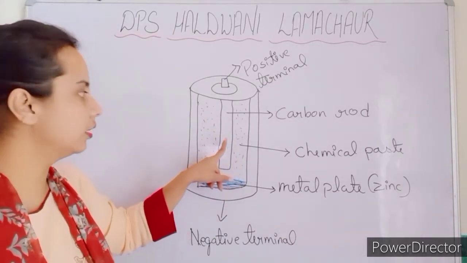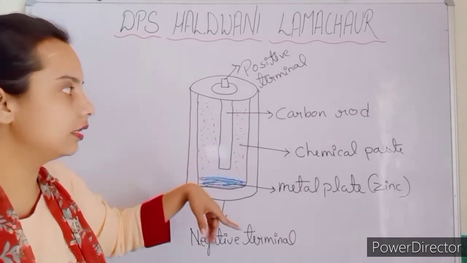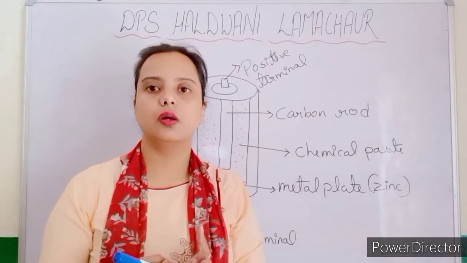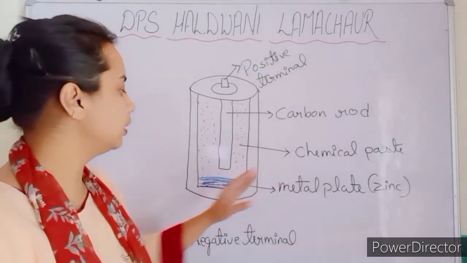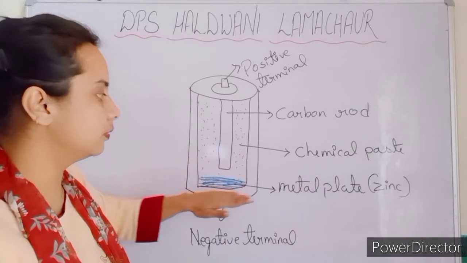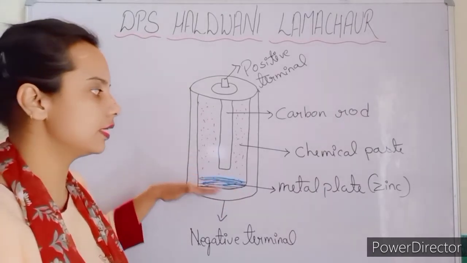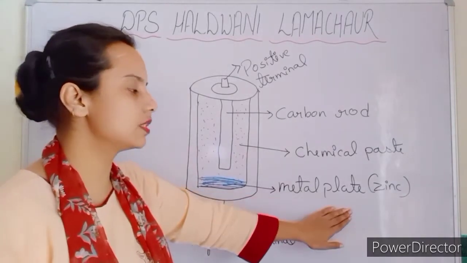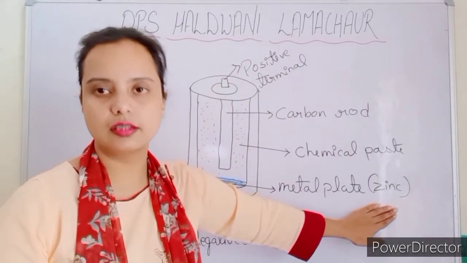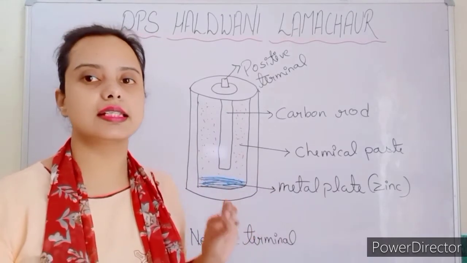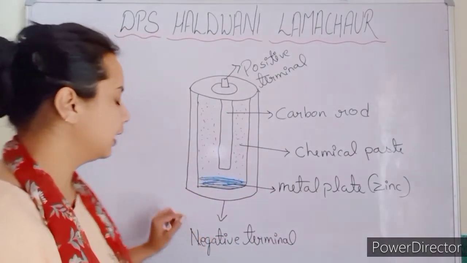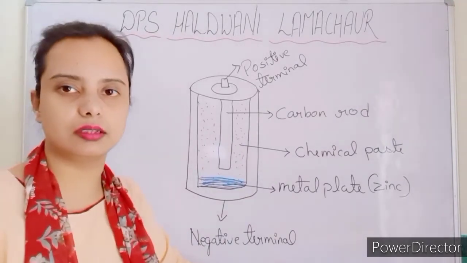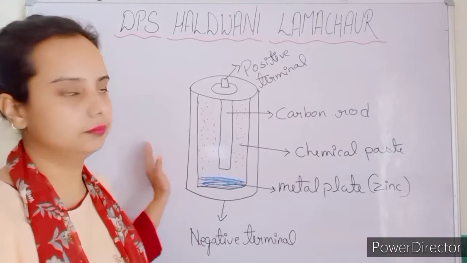After that a protective layer is present, then the outer covering, and at the downward side, means at the bottom side, a metallic plate is present, which is made up of zinc. This zinc works as the negative terminal for this electric cell.